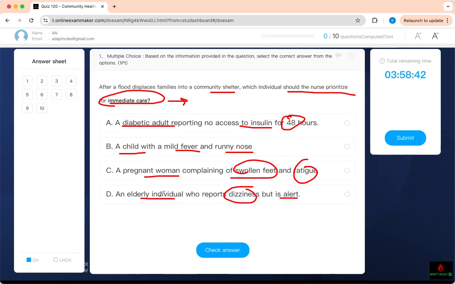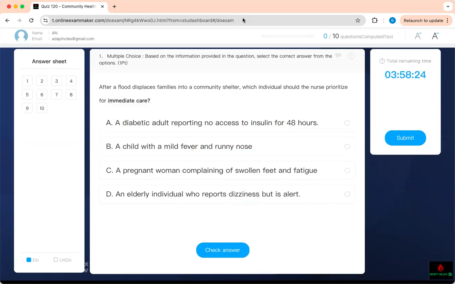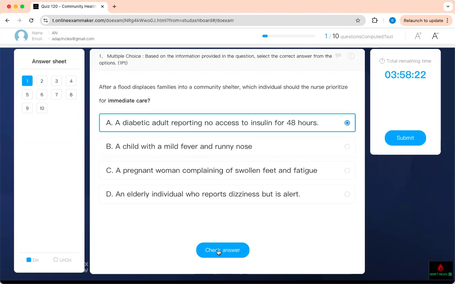You've got to be sharp. The elderly person is dizzy, but awake. The pregnant lady with a swollen leg and fatigue is expected. Runny nose and fever, probably flu. Diabetic with no insulin for 48 hours, you develop DKA. That's not good. Prioritization 101.